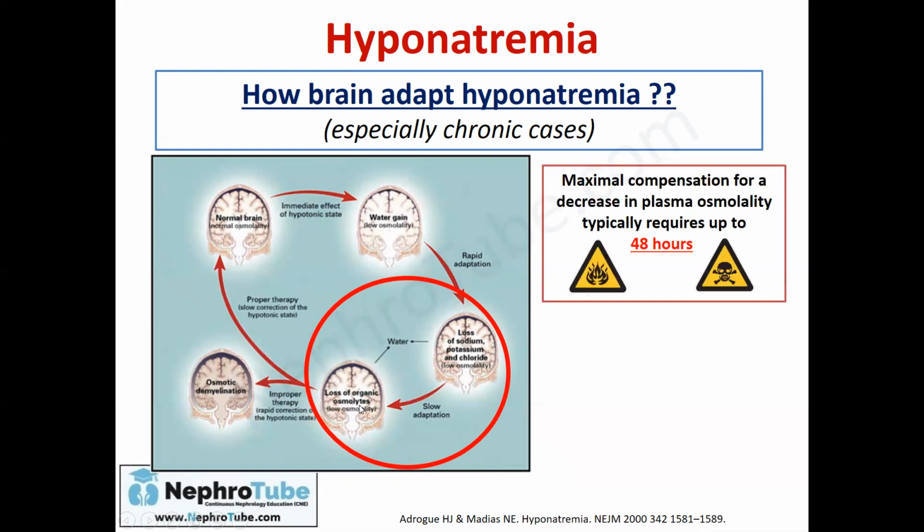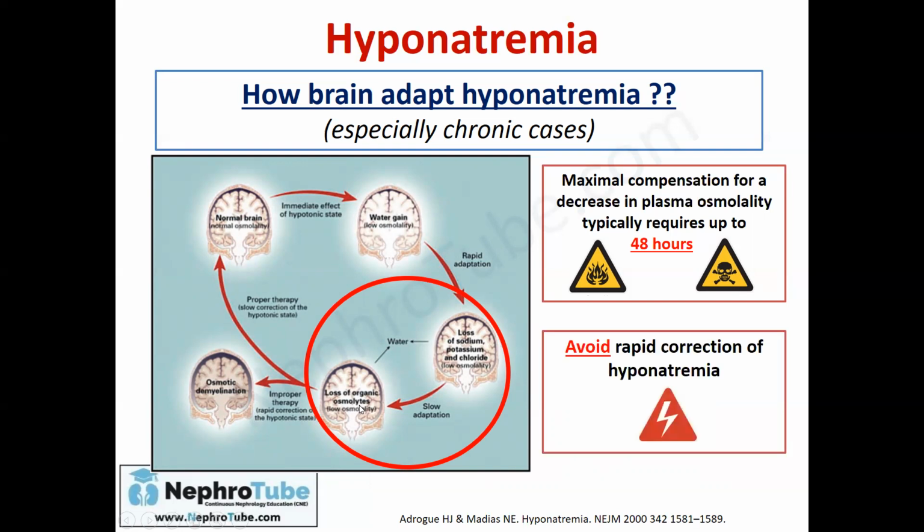The most important point is that this brain adaptation is slow, and in chronic cases it may take about 48 hours. And this is an important issue that we will depend on when we try to correct hyponatremia, that we have to avoid rapid correction of hyponatremia.